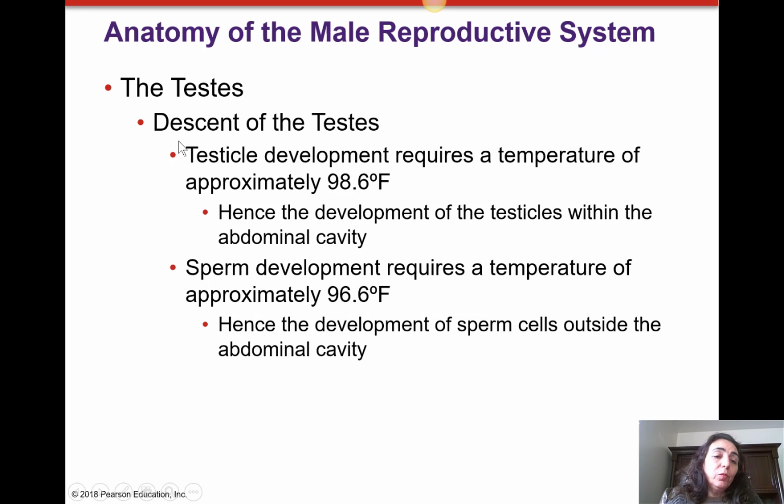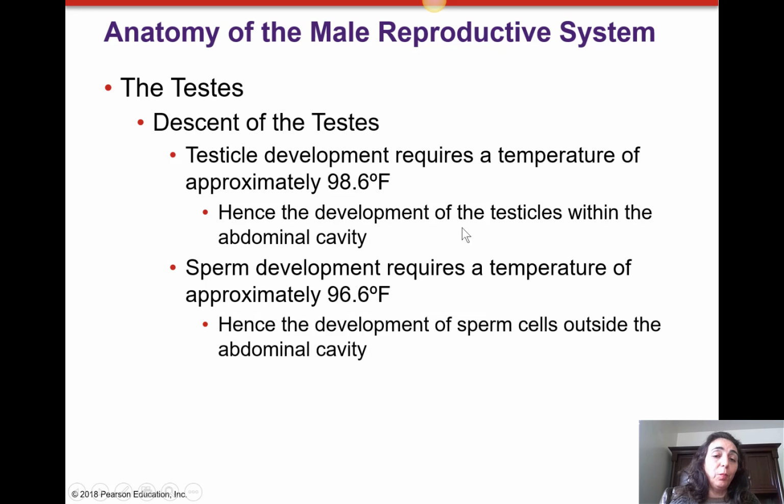Now, regarding this descent of the testes, why do we need the testicle to be out of the body? There is a reason for that. Testicle development requires a temperature of approximately 98.6 degrees Fahrenheit, almost 37 degrees centigrade, and we need that temperature at the time of the development of the testes.